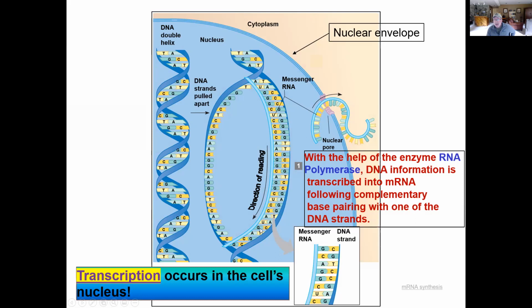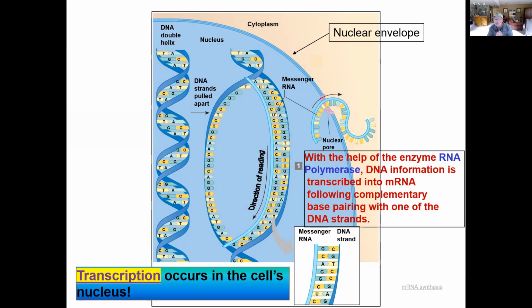There is temporary hydrogen bonding between the RNA base and the DNA base, but eventually that hydrogen bond breaks and that big RNA polynucleotide will dissociate from the DNA and the DNA will coil back together again.